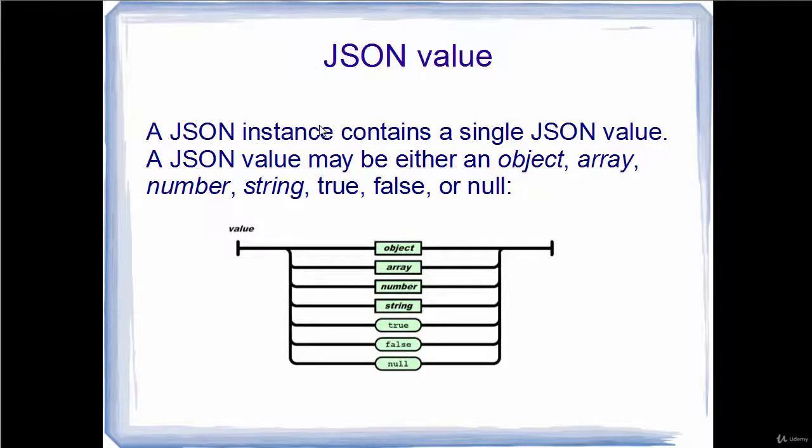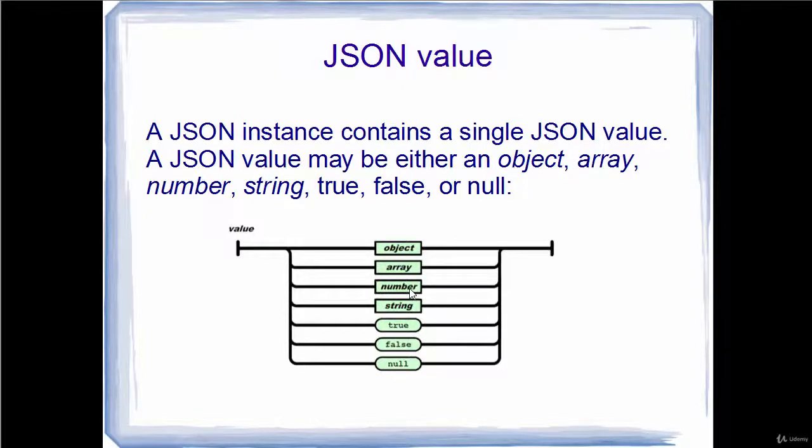So the key, which I already explained, for example city was the key, and it's always in string format, right? So the key will be in string format, and the JSON value, you can see, can be an object, it can be an array, it can be a number.